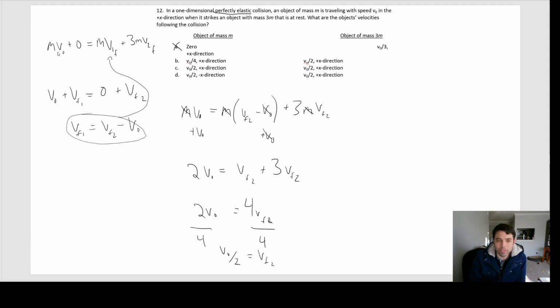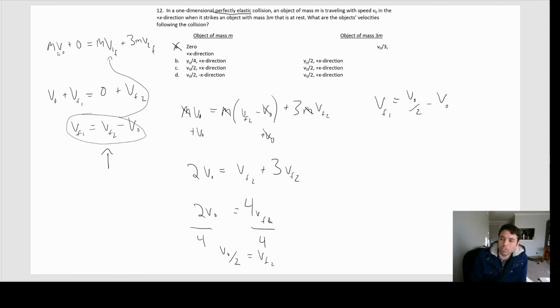Now that we know what vf2 is, I can go back to this equation and say, well, now I know that vf2 is v0 over 2, so vf1, the velocity of the object of mass m, equals v0 over 2 minus v0.